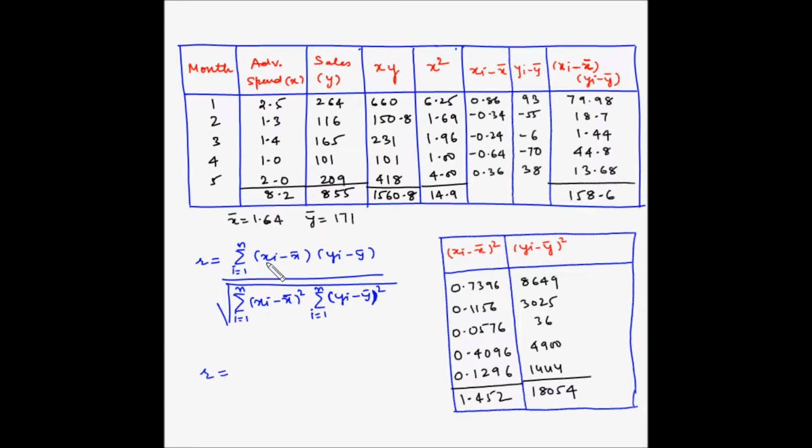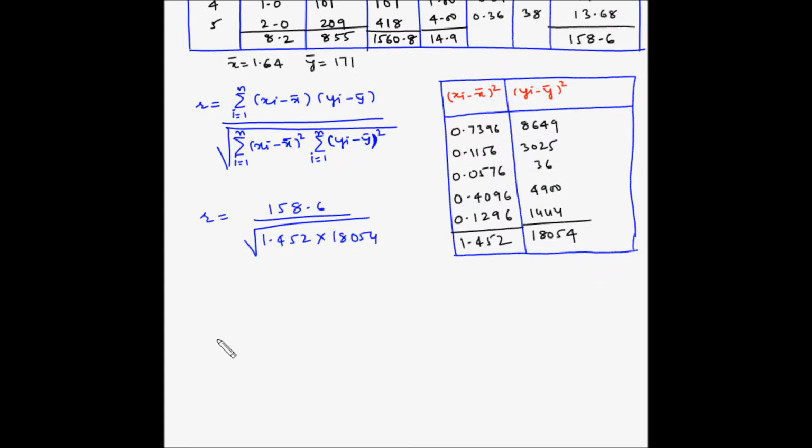So r is equal to the sum of xi minus x bar multiplied by yi minus y bar, which is this column, and the sum of it is 158.6. 158.6 divided by the square root of the sum of xi minus x bar square, which is 1.452, multiplied by the sum of yi minus y bar square, which is 18054.